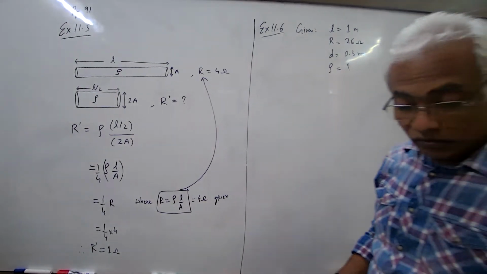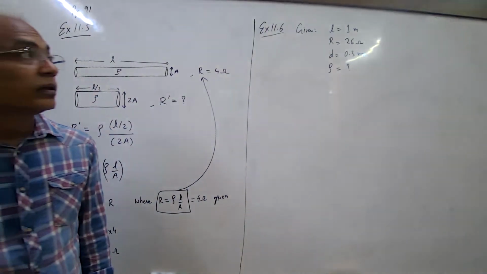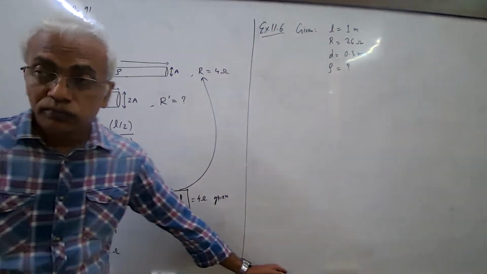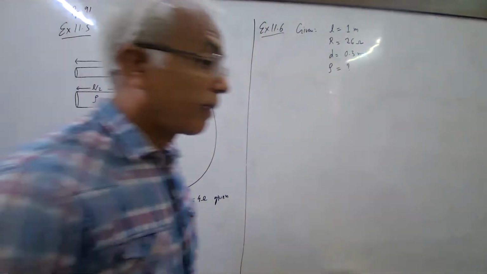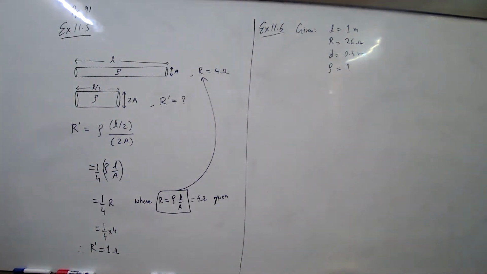So how will you find it from the given data? Resistivity would be R into A upon L.